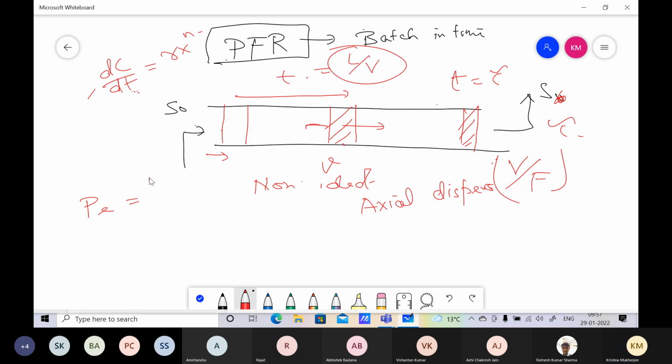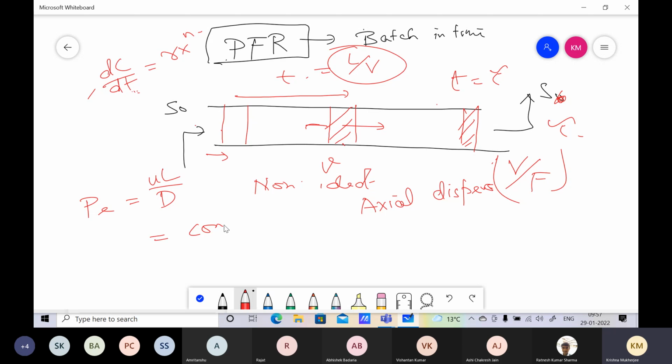Hello. UL by D, right? Where U is the average velocity, L is the length, and D is the axial dispersion coefficient. What is the Peclet number? Hello? Can you hear me? Yes, sir, we can hear you. Yeah. So what is the Peclet number?